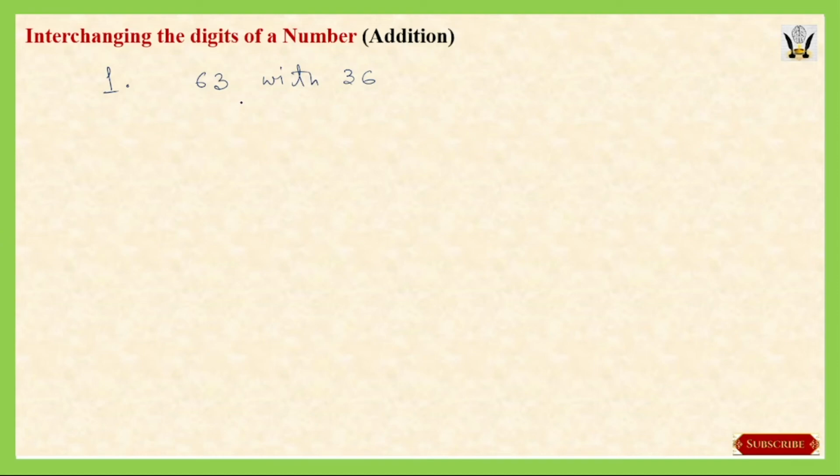So here by looking at the numbers, we can first understand that the first number is 63 and the second number is nothing but the one we got by interchanging the digits, 36. So when we add 63 and 36, we have learned that the result of addition will have one of the factors 11 and the other factor will be 6 plus 3, the summation of both the digits. So it will be 9. That means the result of addition will be 99.